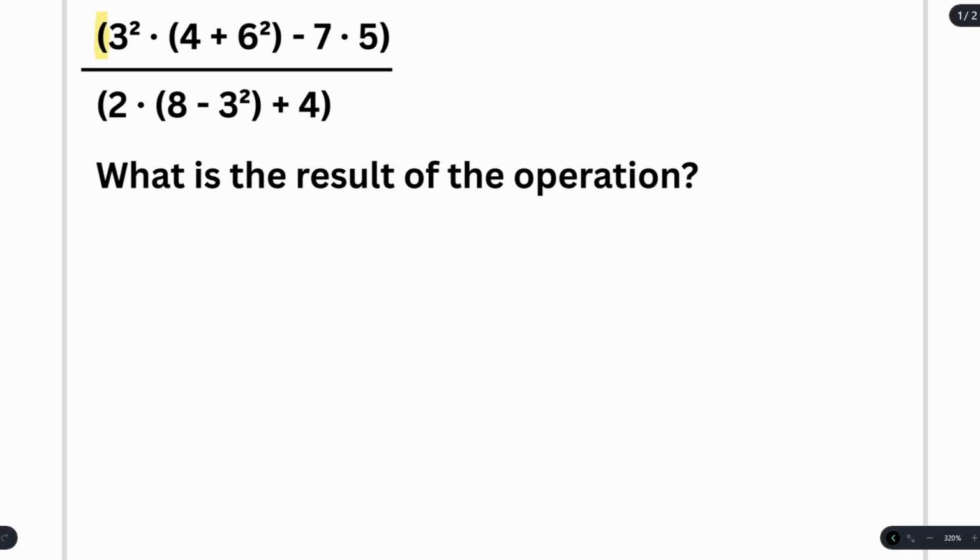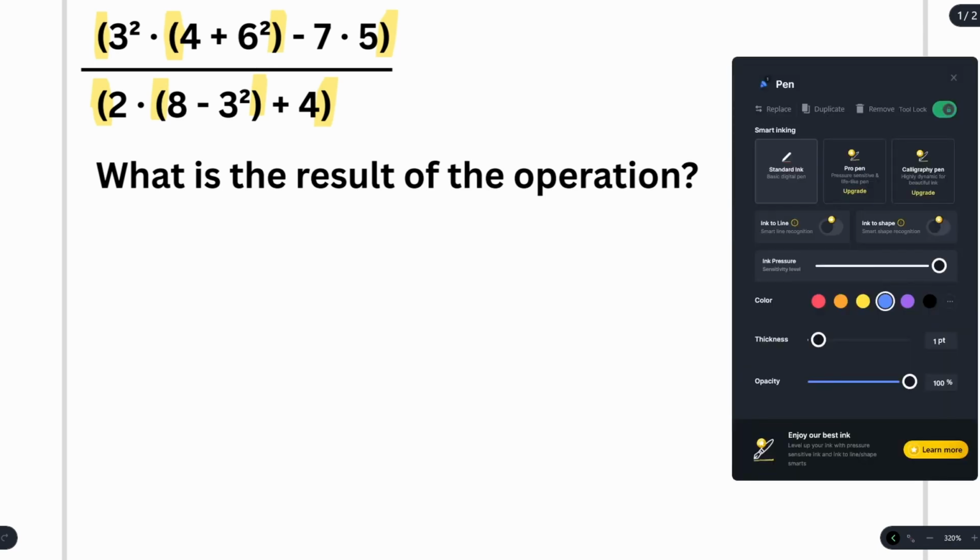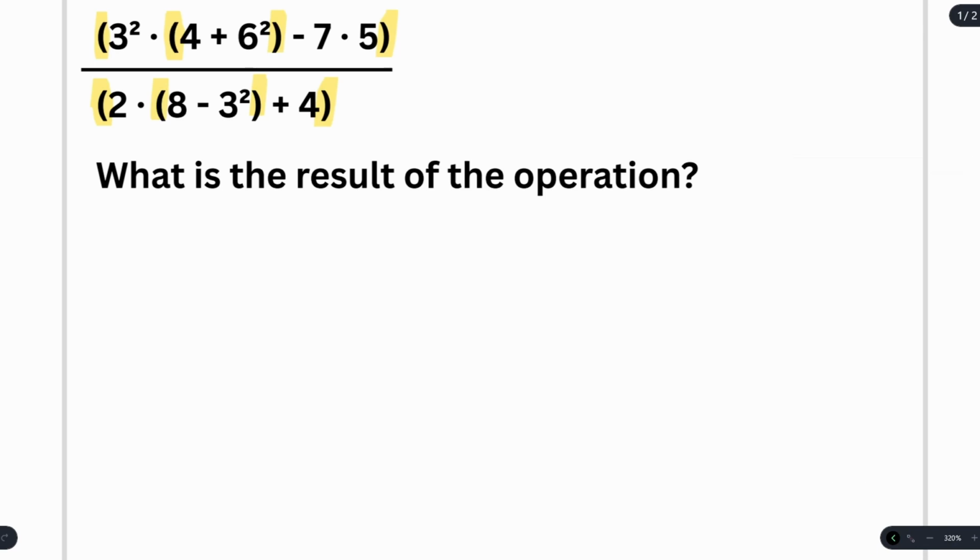So here we have parentheses like these, and then we have parentheses inside the parentheses, these ones. So we should first start from the ones that are inside. We're starting from the inside and we're slowly going outside.